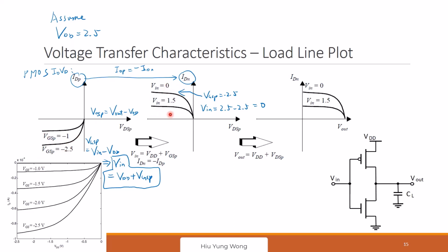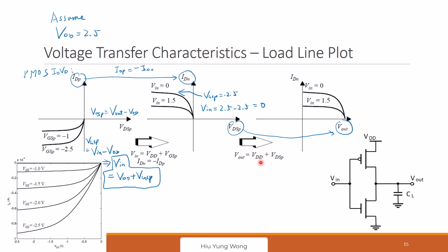And I continue to do this. Now I transform the VDSP to V out. And just like what we are saying here, actually, it's written here already, but I just duplicated. VDSP equals V out minus VDD. That's why V out equals VDD plus VDSP.